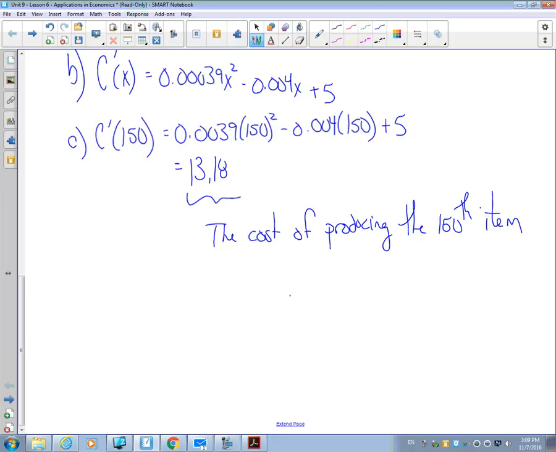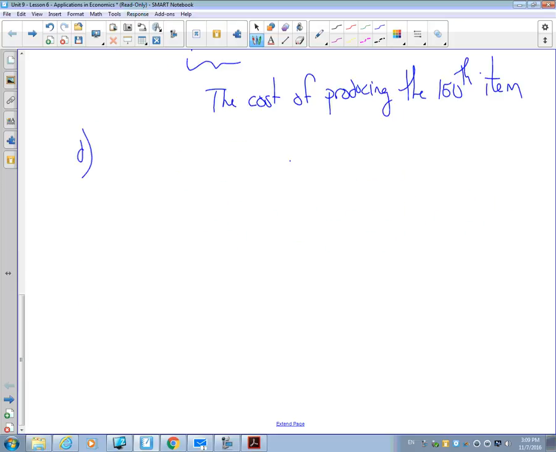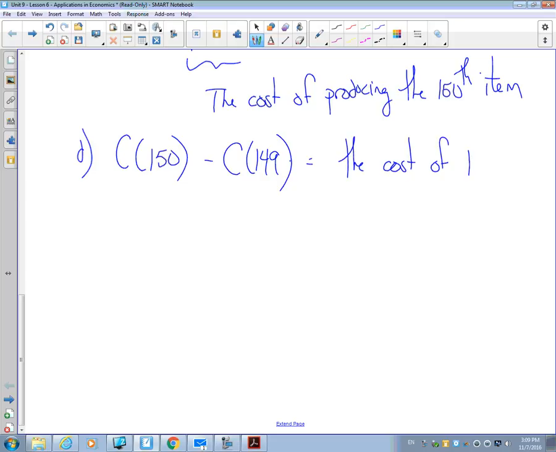In part D, they're asking us to figure out the actual cost of the 150th item. To figure that out, I can take how much it costs to produce 150 items, all 150 items, and subtract what it costs to produce 149 items, again all 149 items, and the difference between those would be the cost of the 150th.